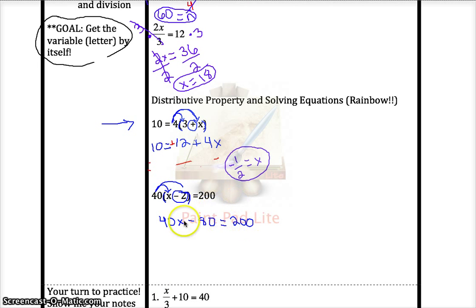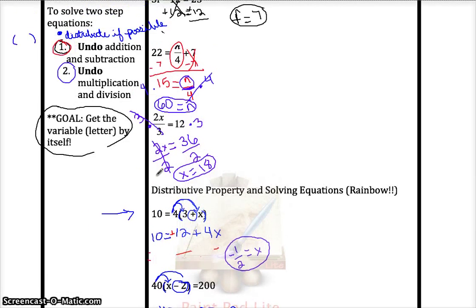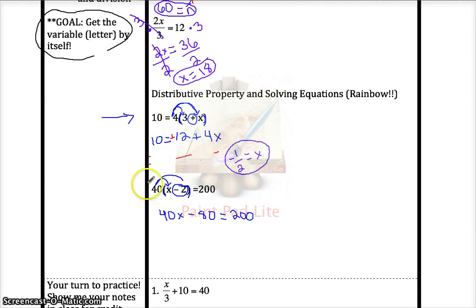So I have 40x minus 80 equals 200. Then I need to move on to my next color, which is undoing addition and subtraction, which is red. I need to look for addition and subtraction in this problem. Oh, here it is. Here's subtracting 80. So the opposite of subtracting 80 is adding 80.